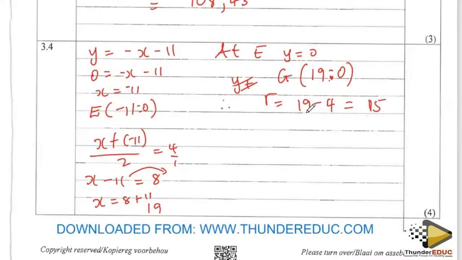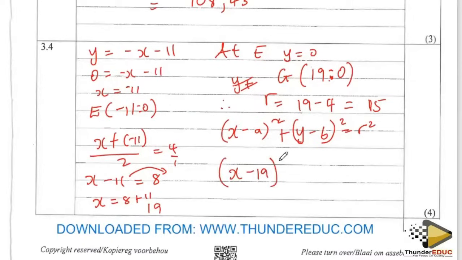Just subtract those values. For as long as the y values or the x values are the same, just subtract the small one from the big one. So from the equation of the circle, x minus a squared plus y minus b squared must be equal to r squared. I'll substitute that: x minus 19 squared plus y minus 0, which is y squared, is equal to my radius 15 squared. That's going to be 225.